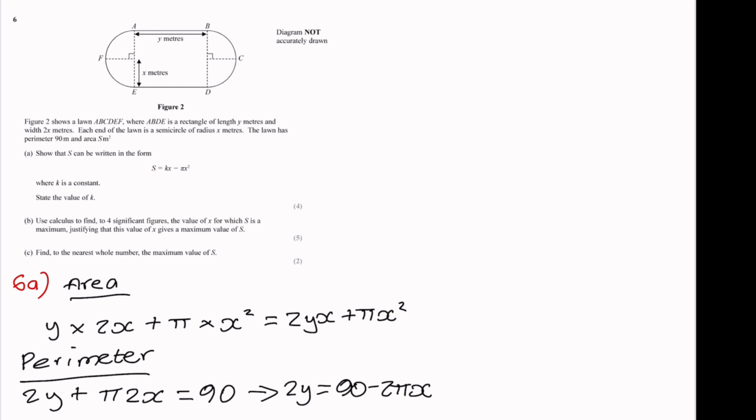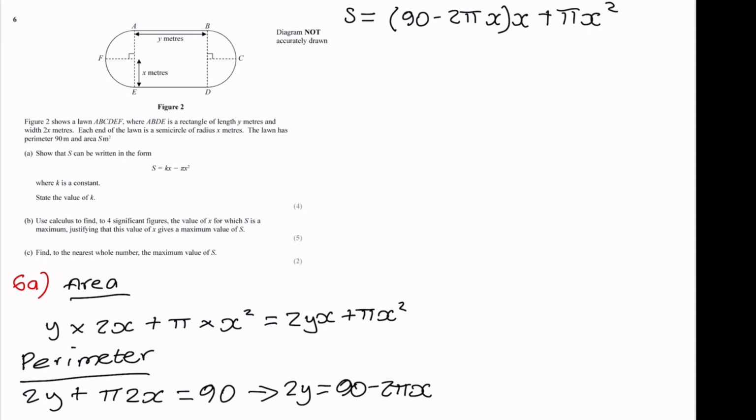So the area, which is S, equals 2y, which I can now write as 90 minus 2 pi x, multiplied by x, just substituting in for the formula of my area, plus pi x squared.